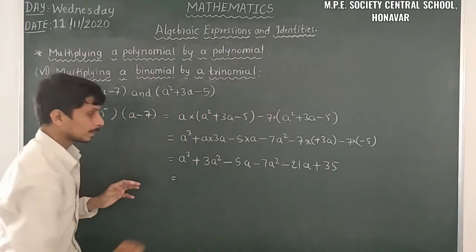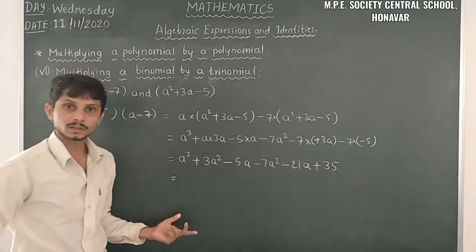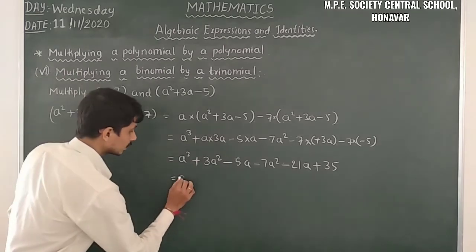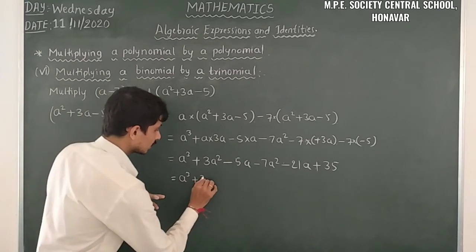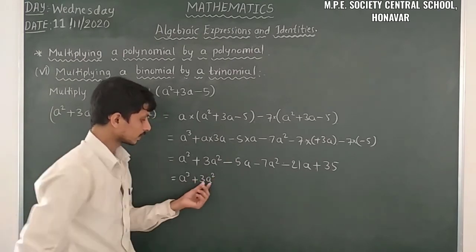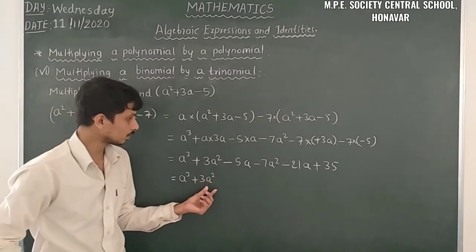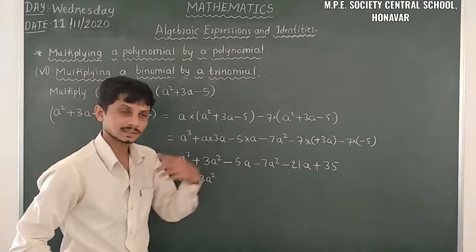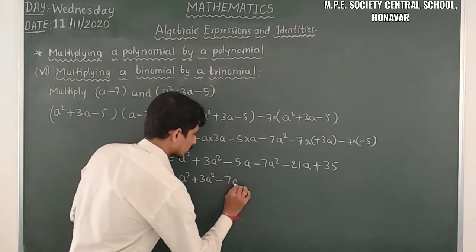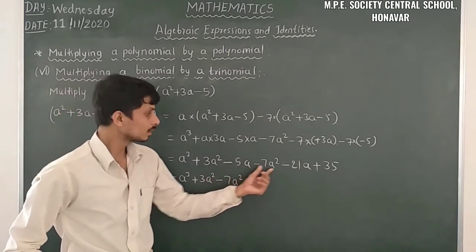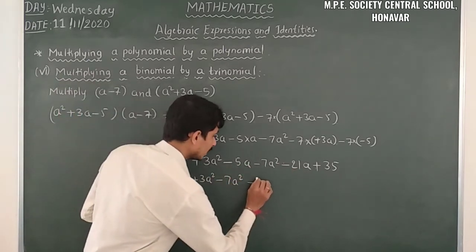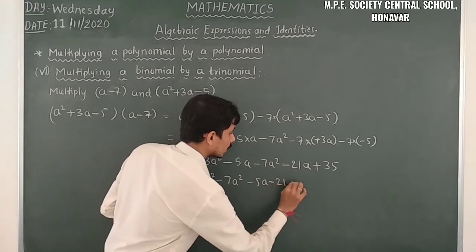After that we have to reduce and solve. There is no partner for a cube. Then plus 3a square: is there any partner for a square? Yes, minus 7a square. Then is there any partner for a? Yes, minus 5a and minus 21a.